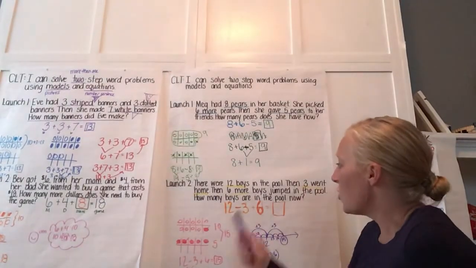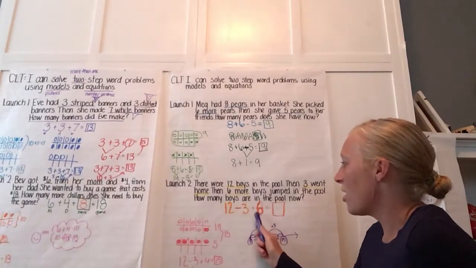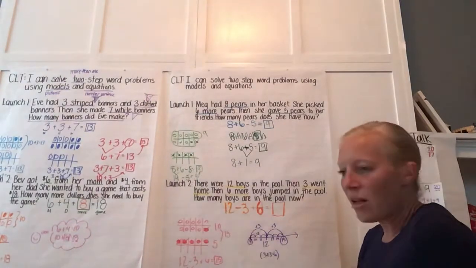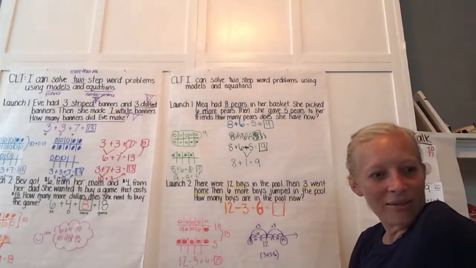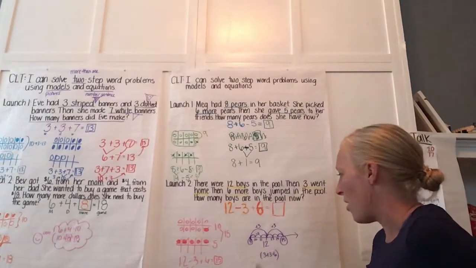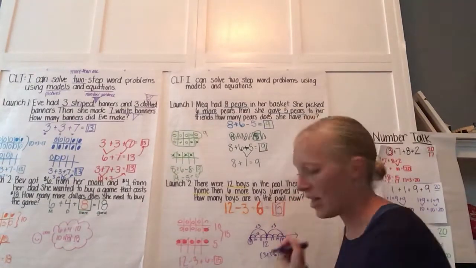You're right. So we look at this equation, we're taking away 3, but we're adding 6 more. 3 and 3 makes that 6. So you're really having 12, and then you're adding 3, right? Taking away 3 and then adding 6. So you're really just adding 3 to that 12. Boop, right there. And 15 is our answer.